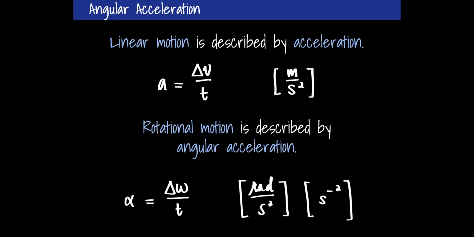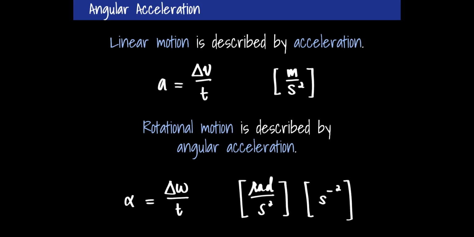The angular acceleration is the change in the angular velocity divided by time. Now, the angular velocity has units of radians per second, and so the angular acceleration has units of radians per second squared.